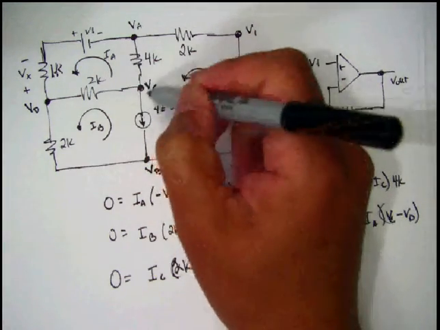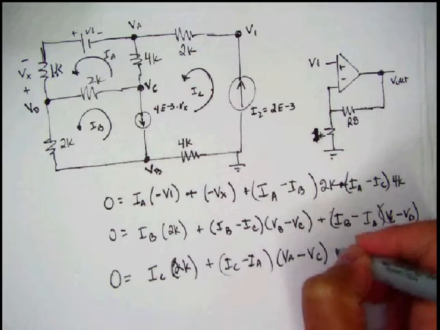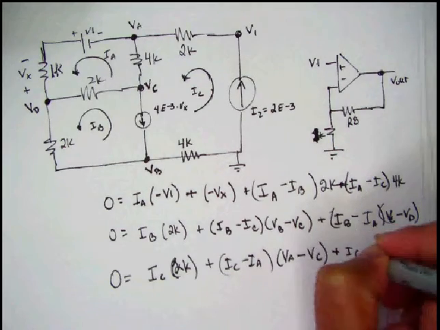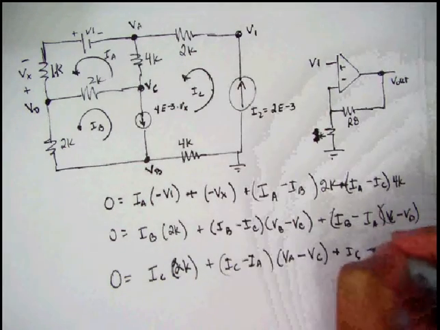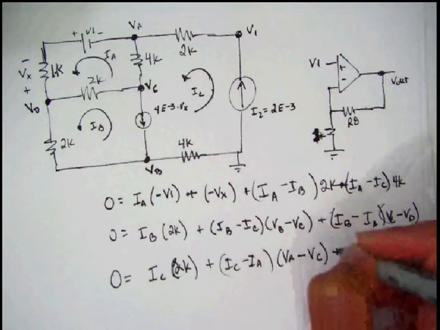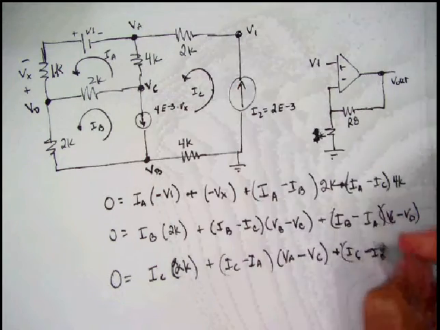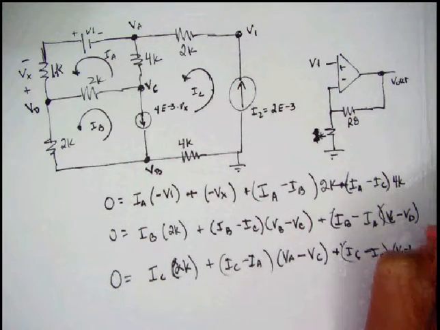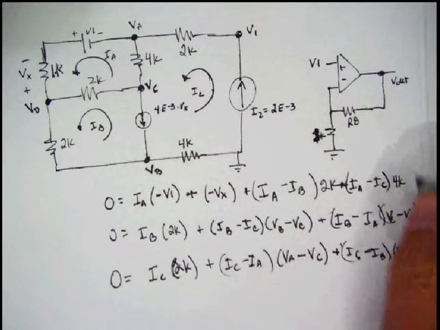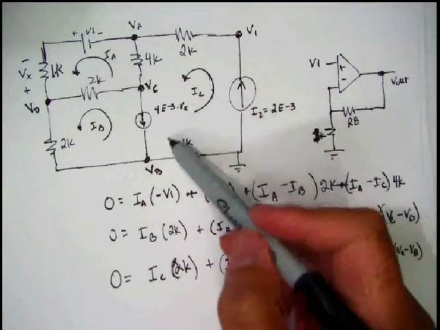and then it goes through here again. So again, the current is going to be IC minus the current that opposes it, IB in this case, times the voltage drop, which is VC minus VB. And we've got more.